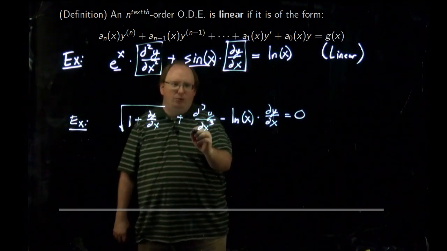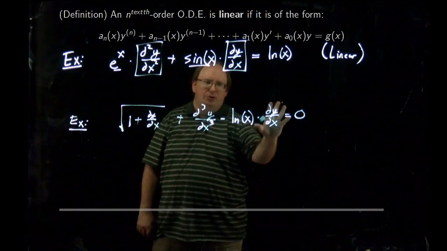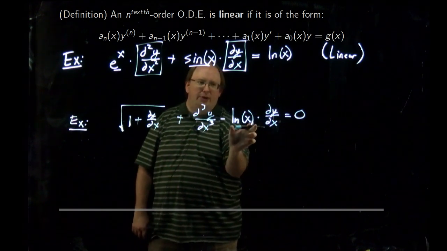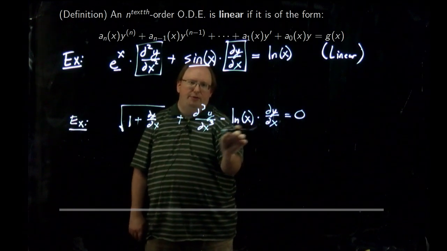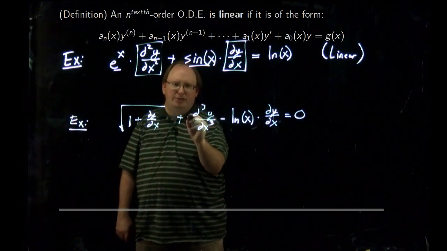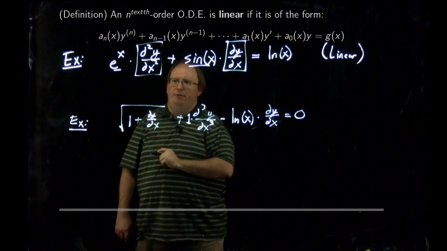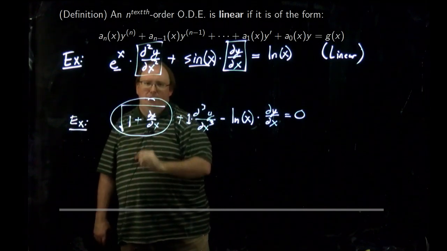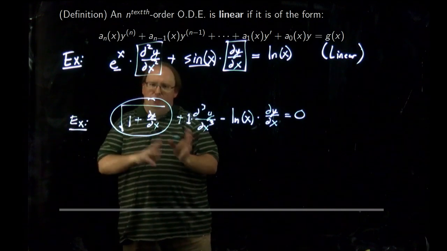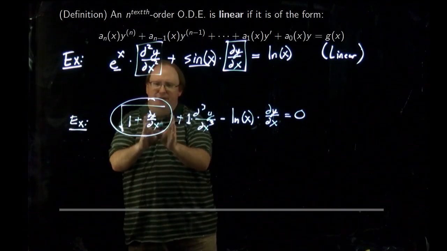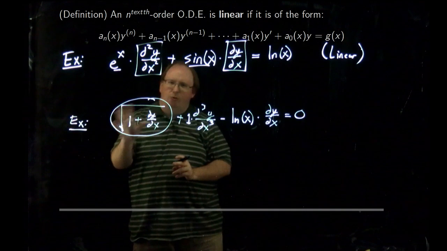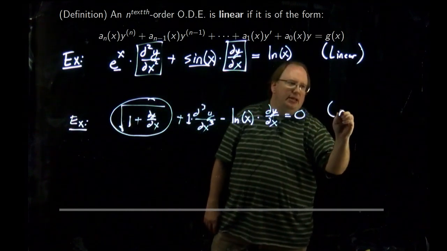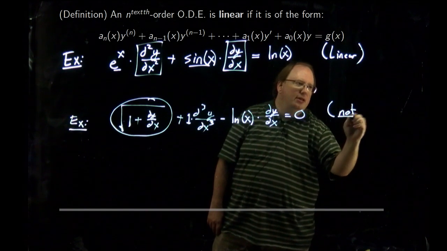Now, if you look at this, these two terms are actually linear, right? You have a derivative, and then you have a function in front of that derivative. You have the third derivative, and in front of this you have a 1. That's perfectly okay. But this is the term that makes it nonlinear. Because now I'm not just having the square root by itself, or the derivative by itself. I'm taking the square root with the derivative inside. So this is not linear.